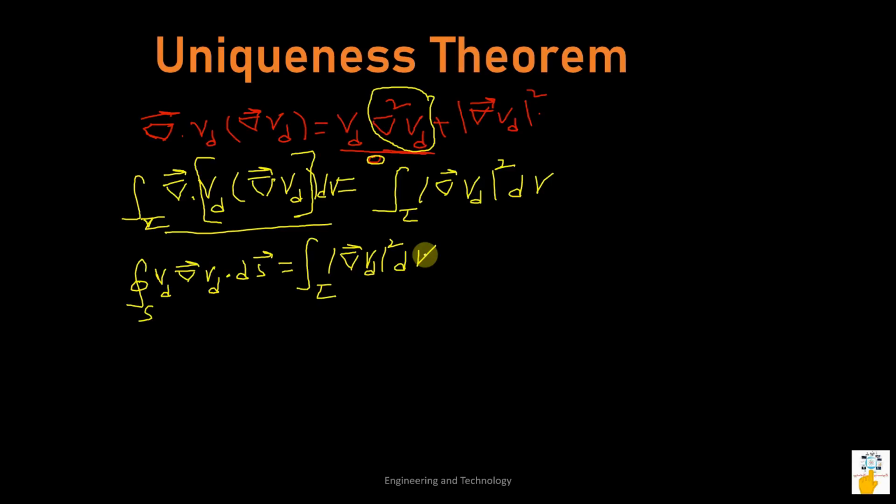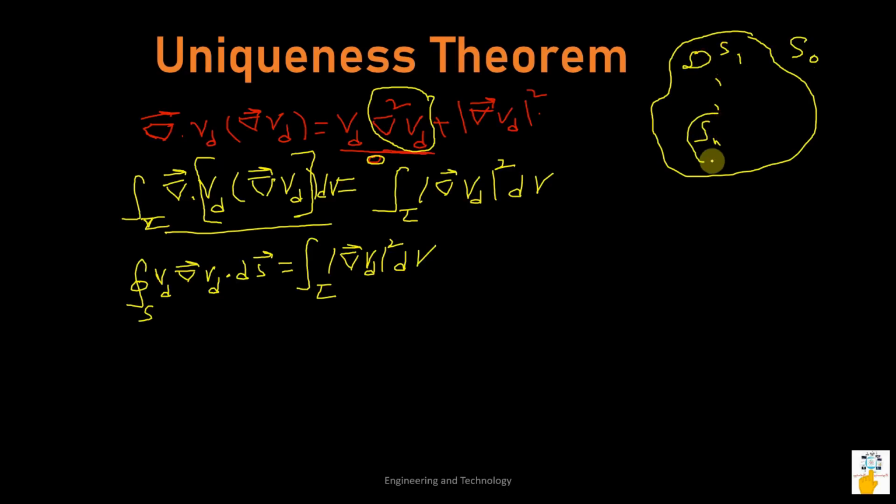Now let us assume that the surface we have assumed is a very large surface, which contains different surfaces S1 up to Sn.